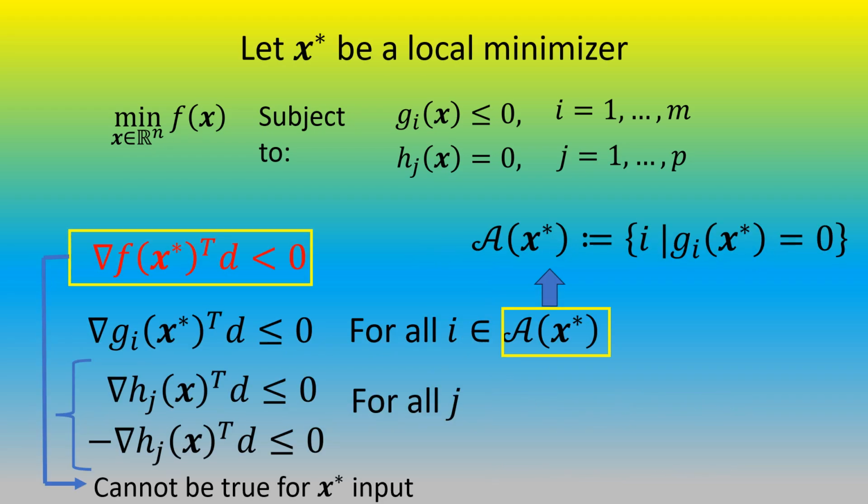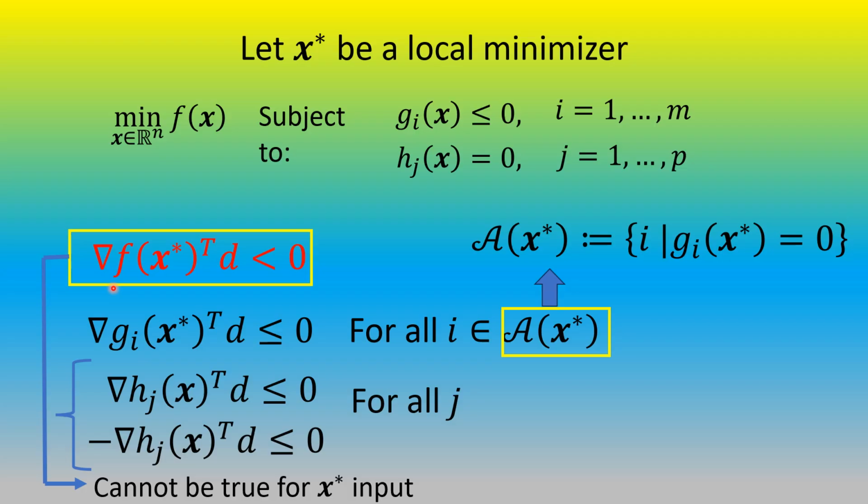So now let's choose a special point, which we'll call x star. And x star is a local minimizer, meaning that you cannot go any further down, at least locally. So if we're to choose the direction in which you go down, well, you can't, because it is a local minimum.